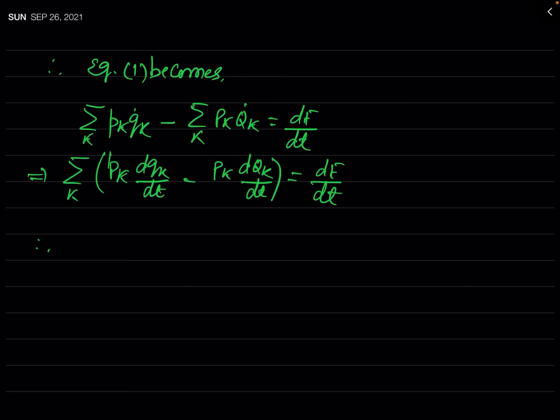So if we integrate this equation, or you simply say that this dt on both sides will cancel out, our expression will become summation over k pk dqk minus Pk dQk, and this is equal to dF.